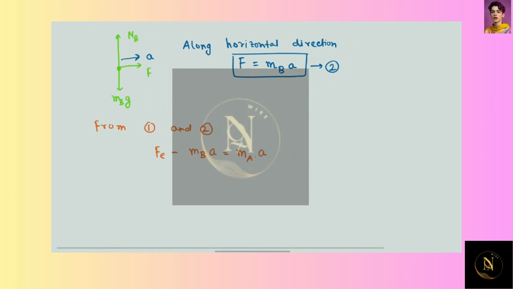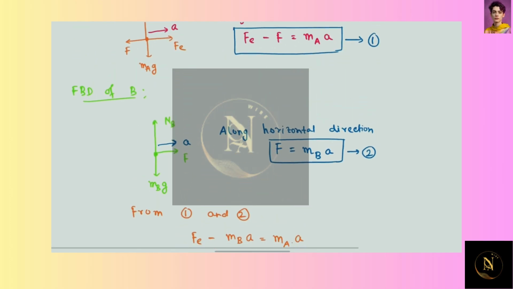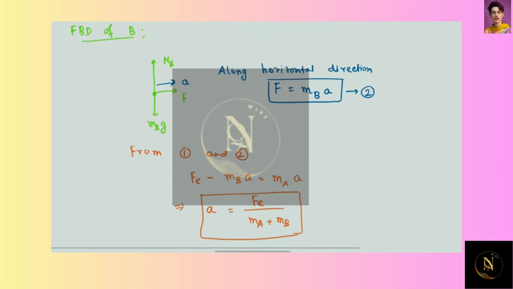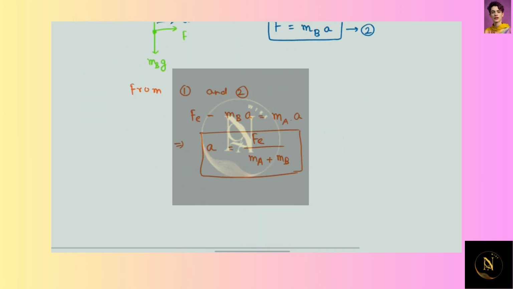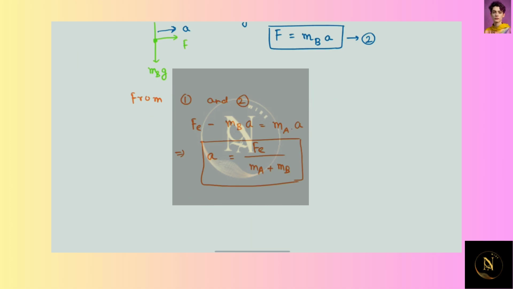So on simplifying this I will get a equals Fe by Ma plus Mb. Let's say this is my equation number 3.